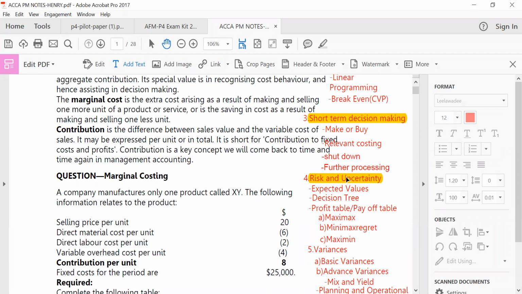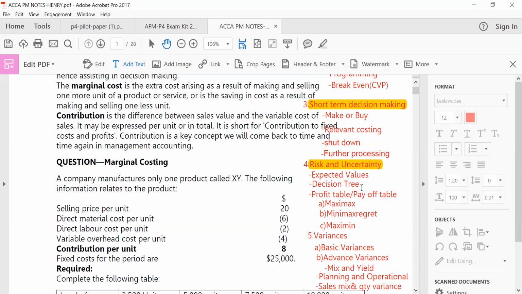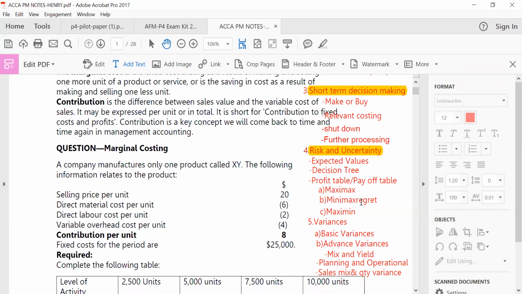But when you talk about risk, risk is the same as uncertainty, but just that risk can be quantified, right, in terms of probabilities. So under risk and uncertainty, we have topics like expected values, decision tree, and another topic called profit table or payoff table. Under that, we look at the maximax criterion, minimax regret criterion, and maximin.